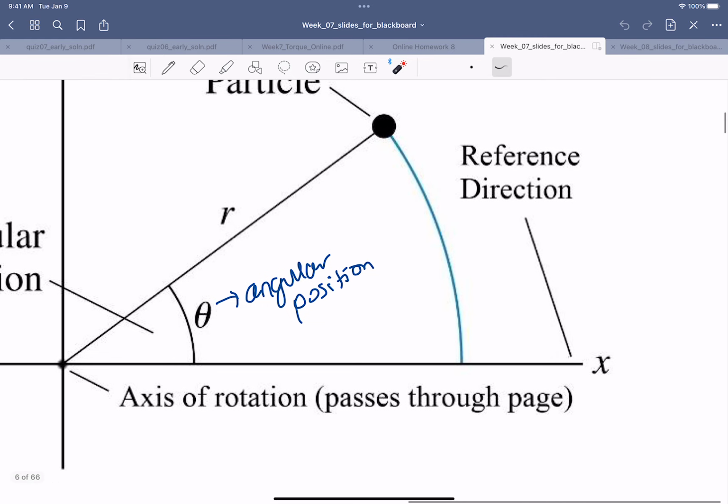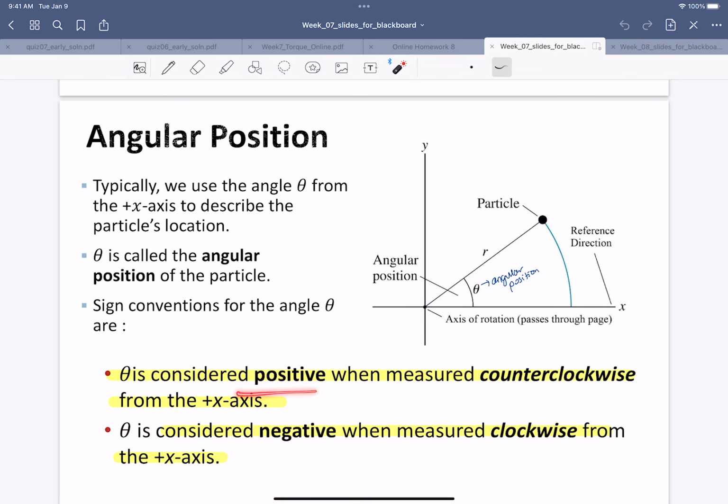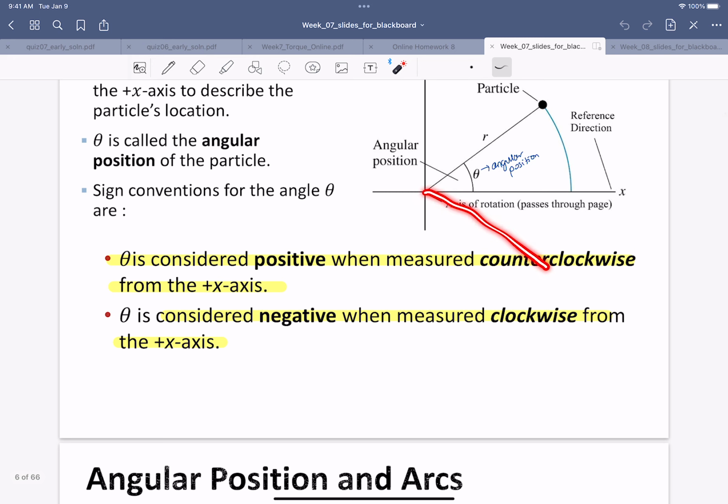Now, if I open this way, this is counterclockwise. So counterclockwise is positive, clockwise, going this way, opening downwards like this, is negative. So counterclockwise positive, clockwise is negative.